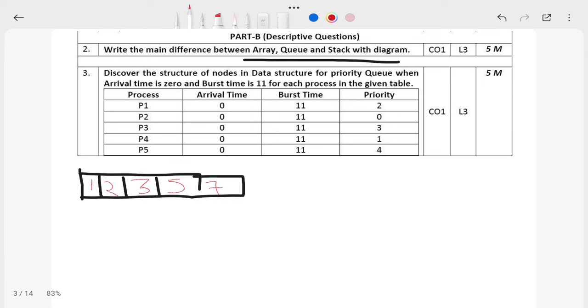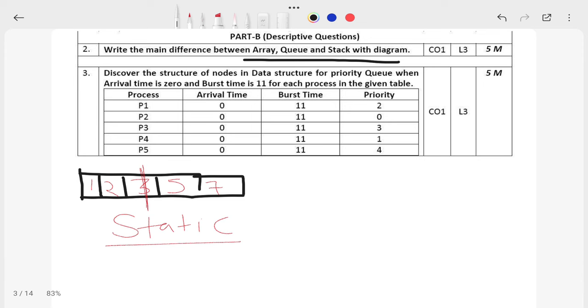So the array size is fixed. This is the main point. Whenever you are giving any interview, you should also tell them that an array is static. Number one, array is static. Second, suppose you want to delete this 3.